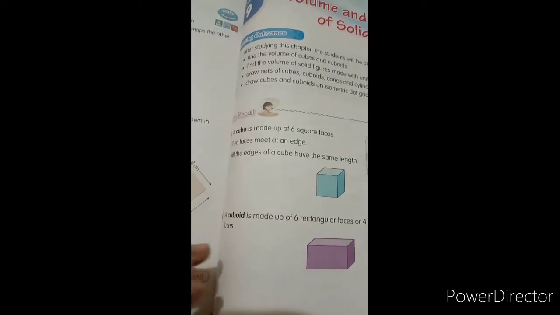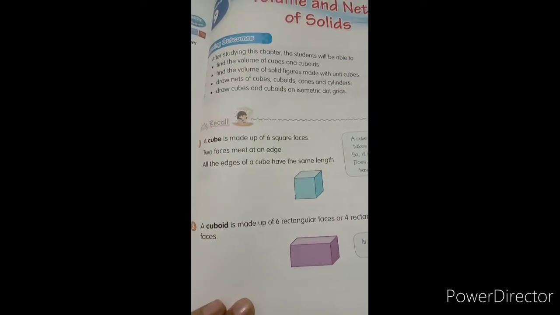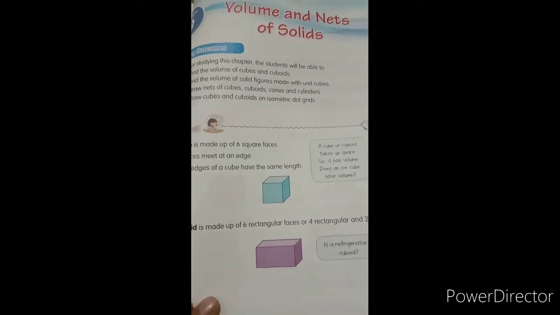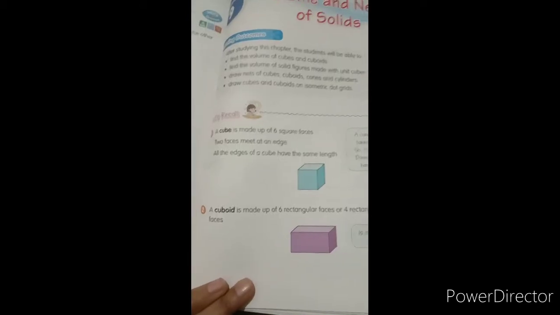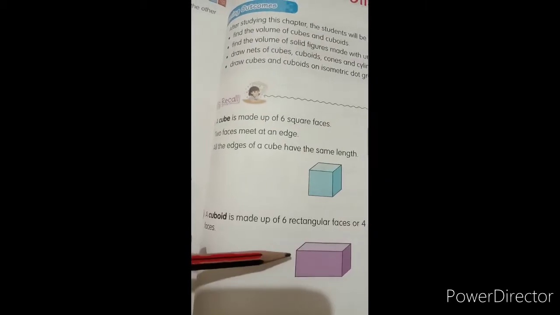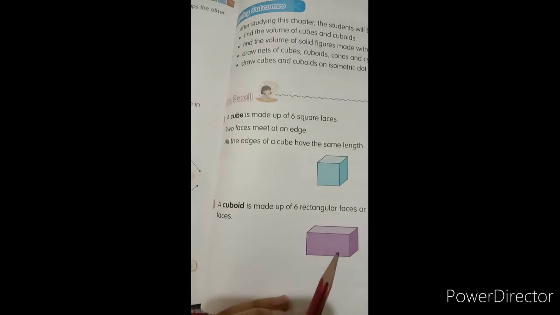Then the next one is a cuboid. A cuboid is made up of 6 rectangular faces or 4 rectangular faces and 2 square faces. Means this is a cuboid. So 2 conditions are there.